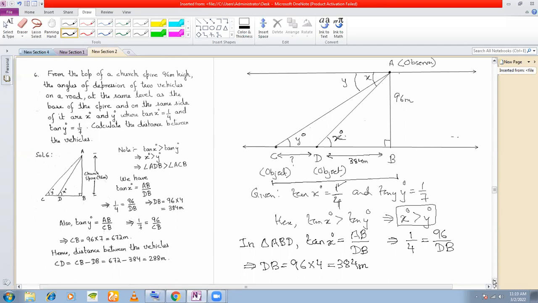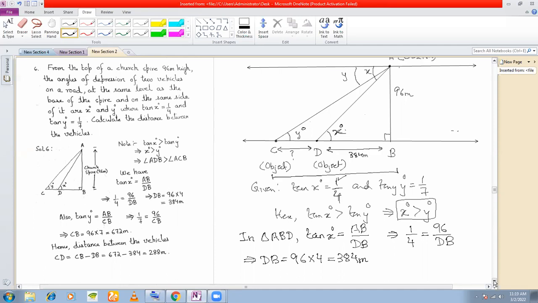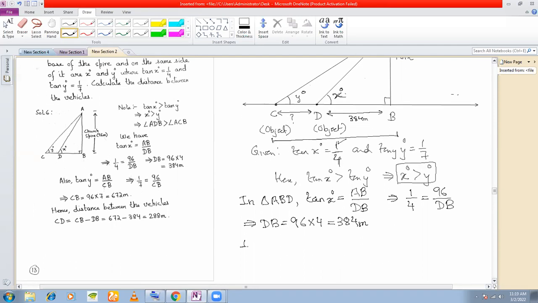We'll now proceed to find out the length CB. Let's see how much is CB. So we'll use the triangle ABC, y degree angle. So in triangle ABC, tan y degree is equal to AB by the base CB, right? Tan y degree, the value given is 1/7.